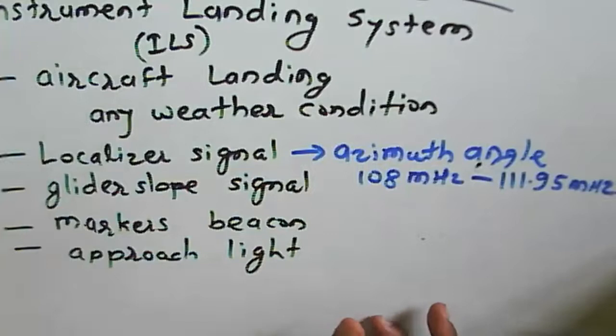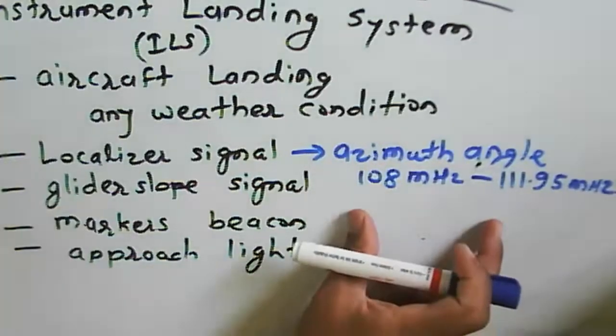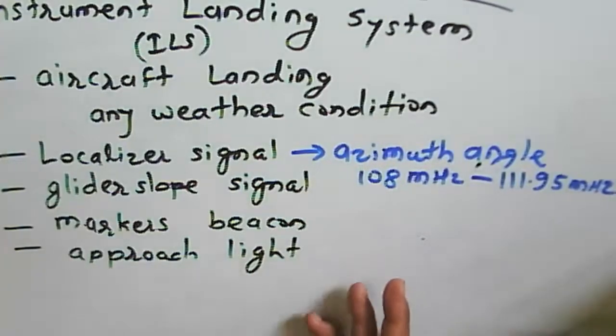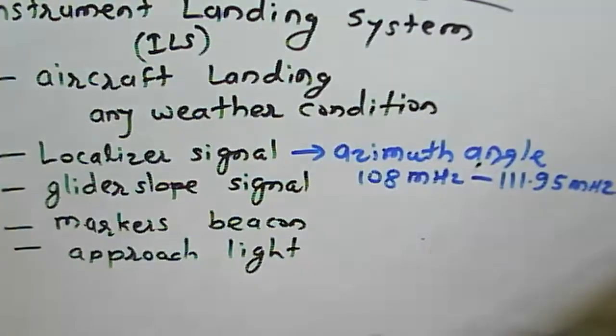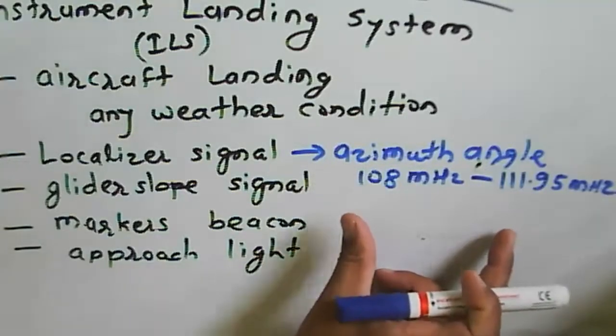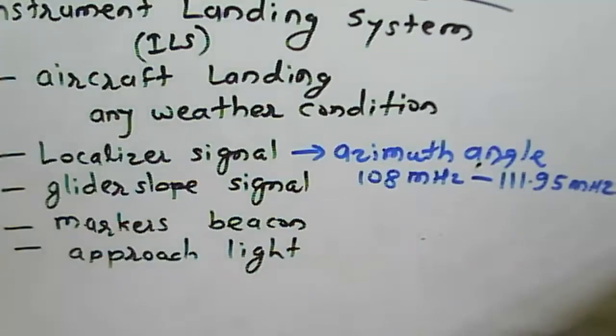It will provide you the location of the runway, or the position of the runway, so that the pilot can land the aircraft properly. Then we have the signal propagating, and it will provide you the information there.